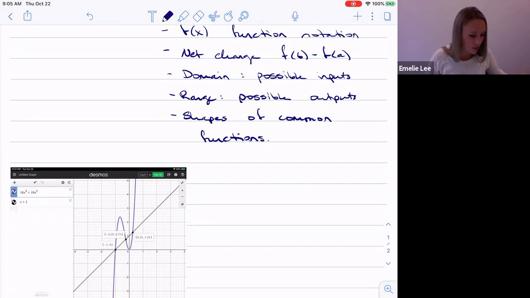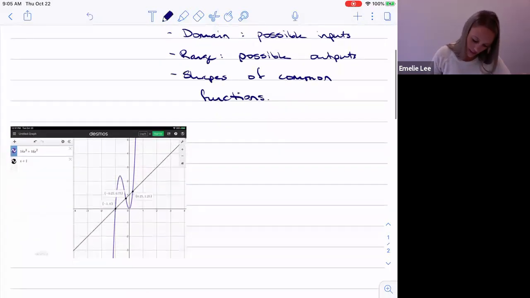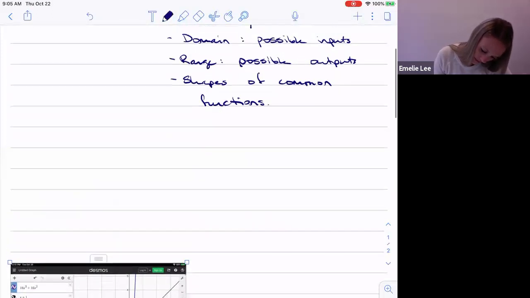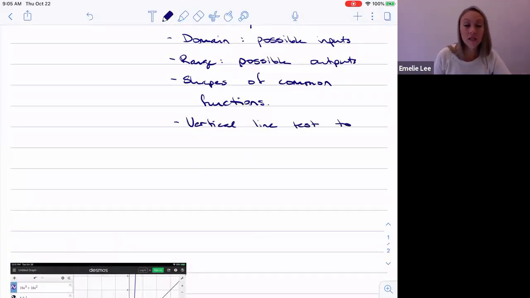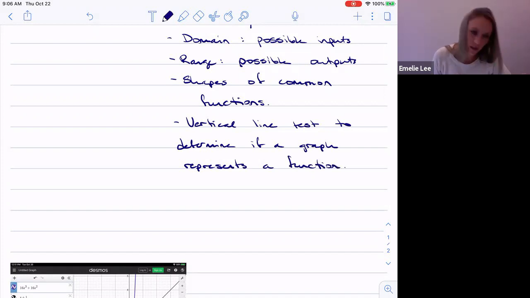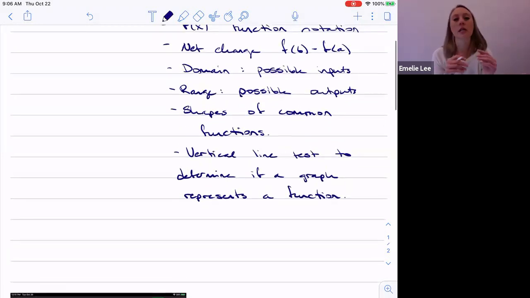And what else did we talk about? Oh yeah, we used the vertical line test to determine if a graph represents a function. So here, if you're asked, okay, is this a function?